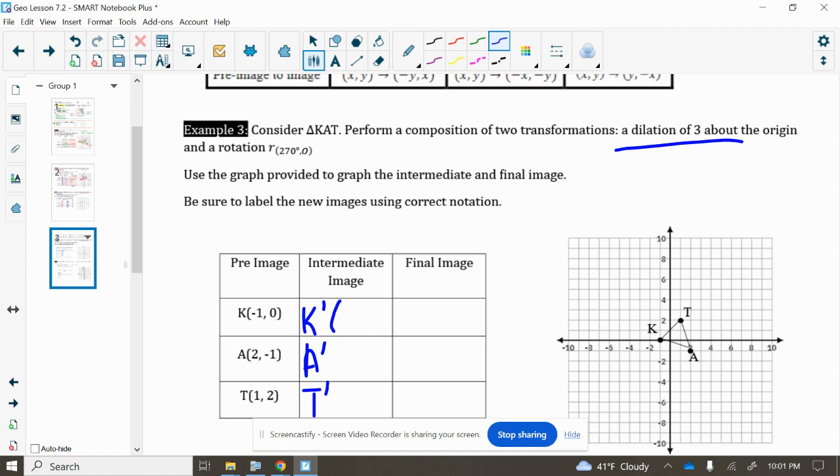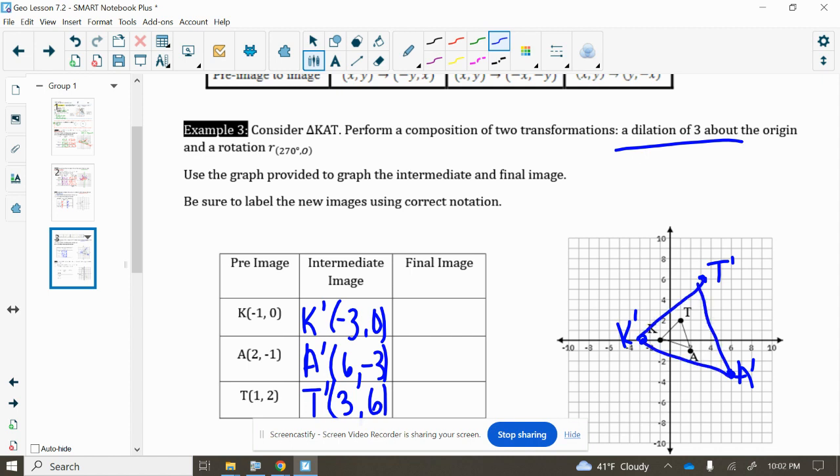So we are going to take each of these points and all 3 points get multiplied by a 3. So we get our new locations of negative 3, 0 for K prime, 6, negative 3 for A prime, and then T prime is 3, 6.